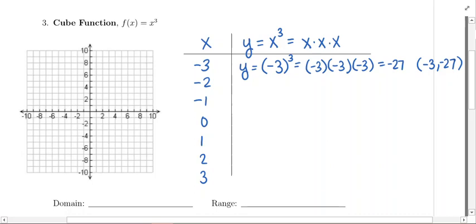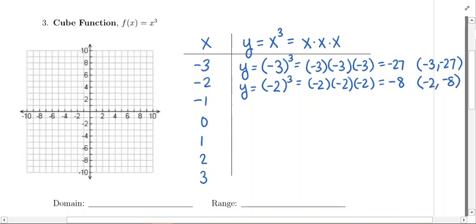Moving on to x equals -2. The y value will be the quantity -2 cubed. That means -2 times -2 times -2. If we simplify, -2 times -2 is +4 times -2 is going to give us -8. So if x is -2, y is -8. Moving on to x equals -1.